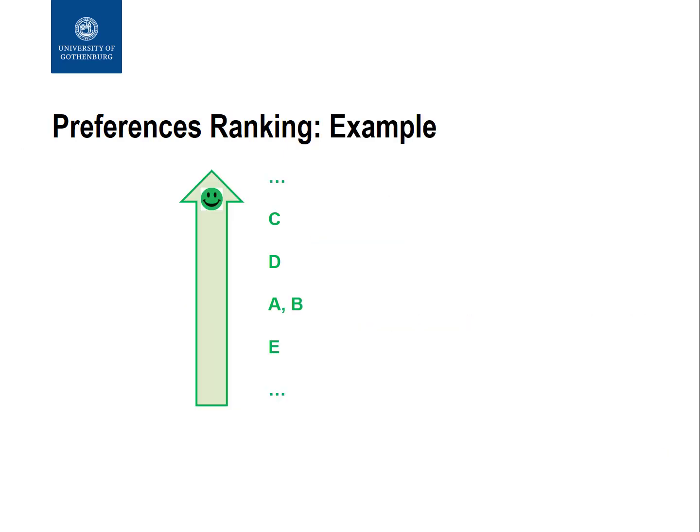One possible ranking according to Jenny is the following. She prefers C to D, she prefers D to A, but she is indifferent between A and B, then she prefers B to E. This ranking can be represented by a function which assigns a higher value to the preferred consumption baskets.